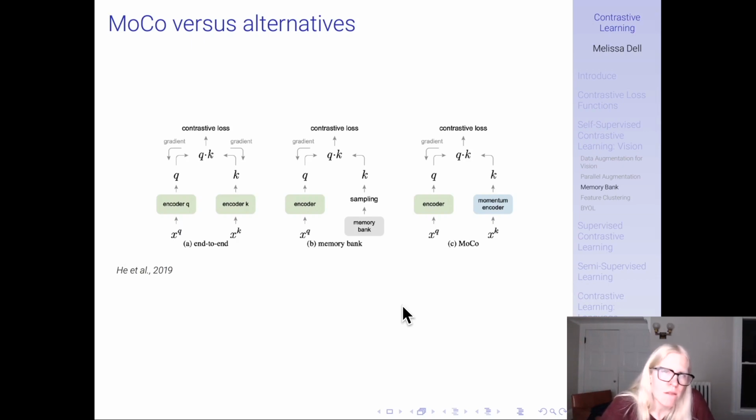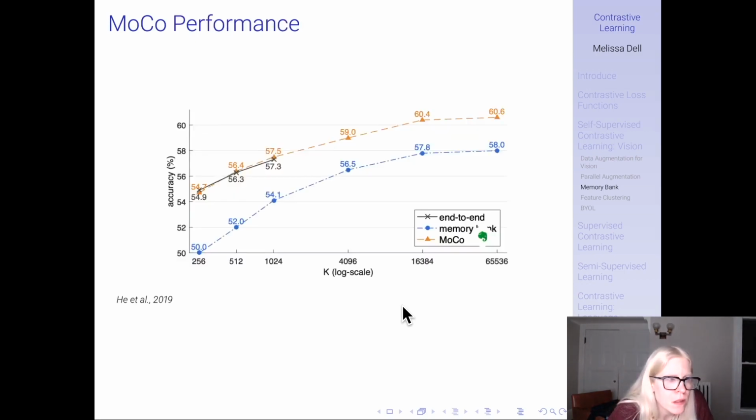And so it's just not realistic to have the batch sizes that you would need to get good negative examples. B is a memory bank. And there you just compute a static memory bank of encodings and you sample from that. And the reason why this is not as good is that some of the encodings could get quite out of date. And then finally is MoCo, which we just saw that uses this dynamic dictionary with a momentum encoder.